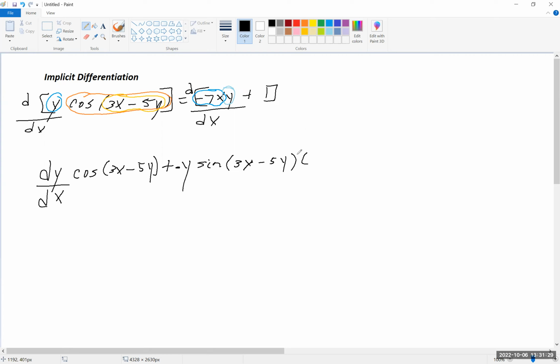So the derivative of 3x is simply 3. And the derivative of minus 5y is minus 5 dy dx. Okay, so that takes care of the left.